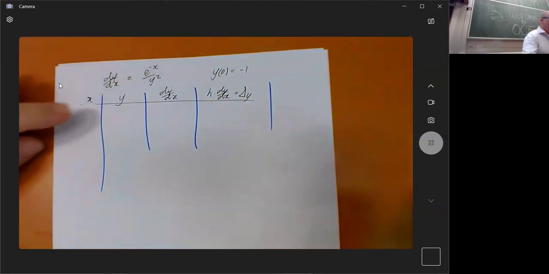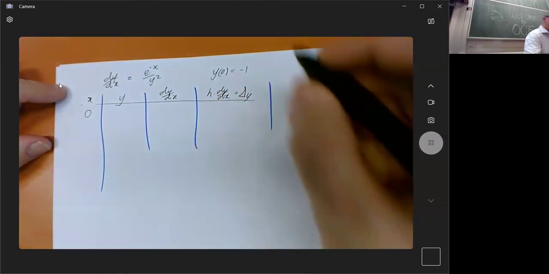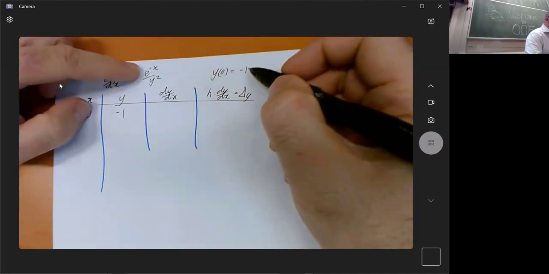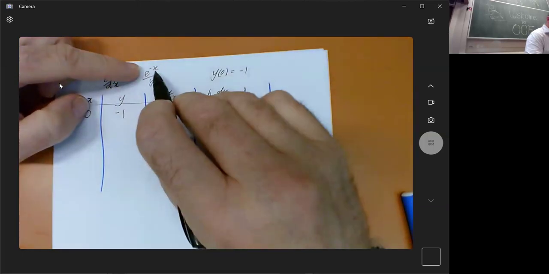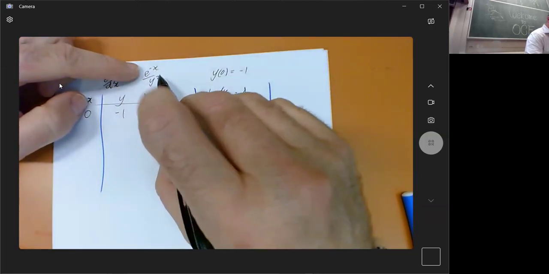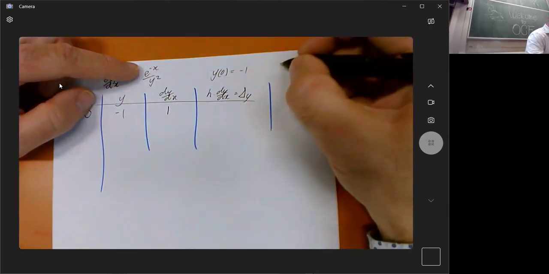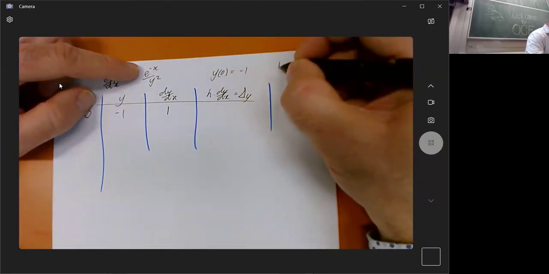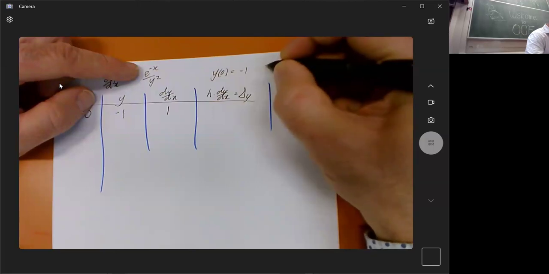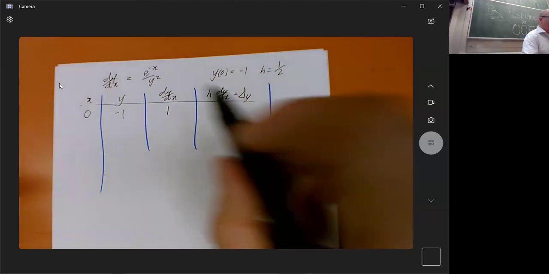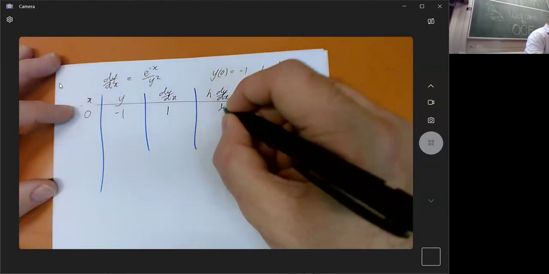So initial values, x is equal to 0, y is equal to minus 1. When I put in 0 and minus 1, this is going to be 1. I need to get a distance of 1 in 2 steps, and so h is going to be a half.